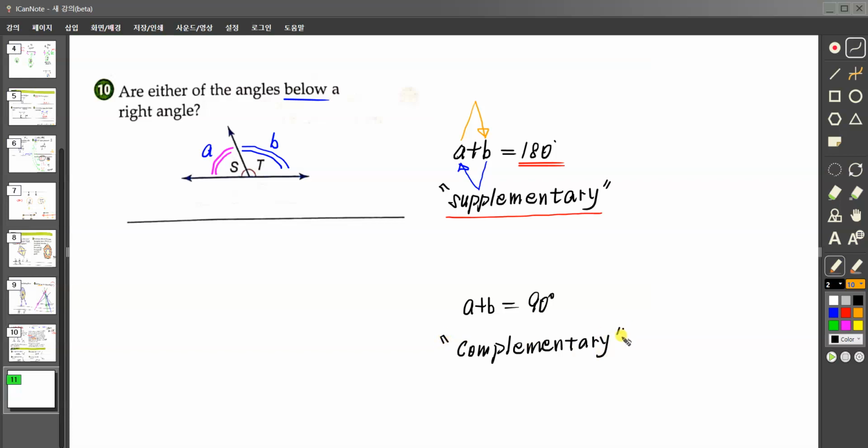Complementary. It's the word for 90 degrees.